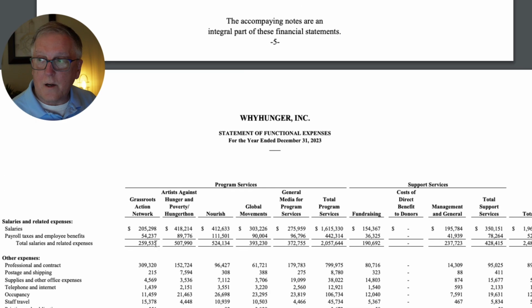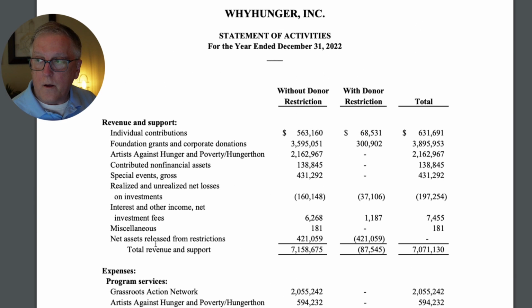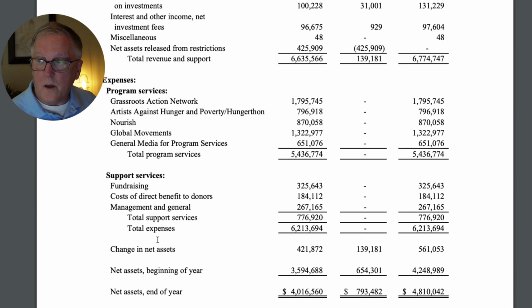If we go back to the 23 statement of activities, we see that same number here. So the totals on the statement of functional expenses, they'll tie back to the statement of activities. Statement of functional expenses is just a breakdown of these numbers.